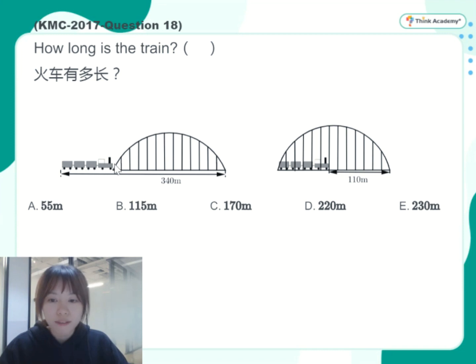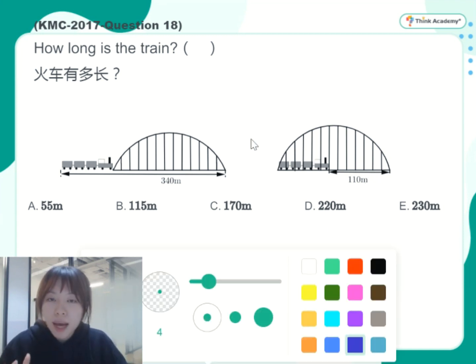The first one we can find the length of the train with the length of the bridge. If we plus them together, it equals 340 meters in total. And what about this one? When the train moves onto the bridge, now the left part is 110 meters.